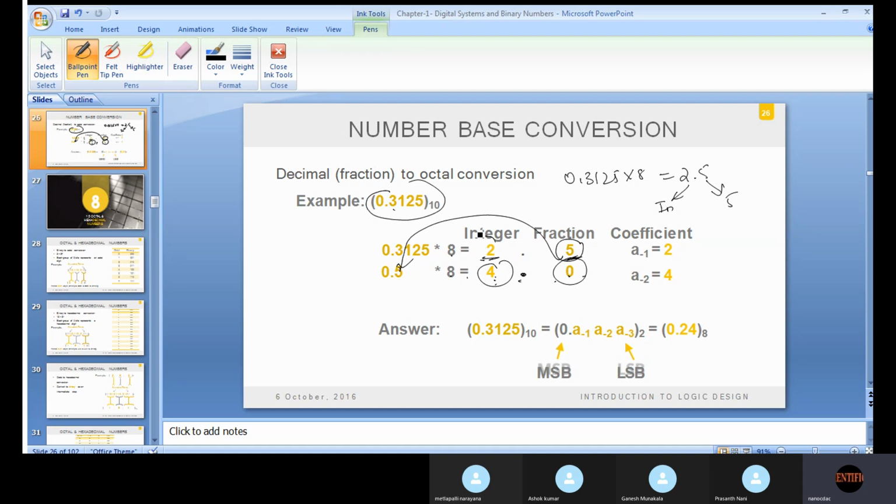So the integer values 2 and 4 are treated as quotients. So this is MSB, and since it is a fraction, 2 and 4 you have to write. You have to come from MSB to LSB.